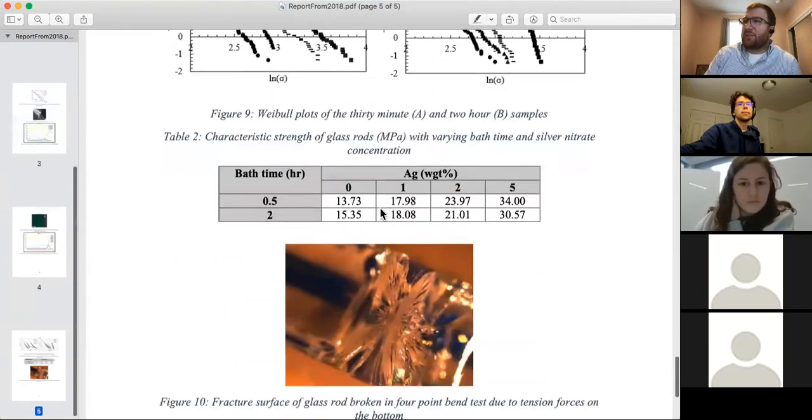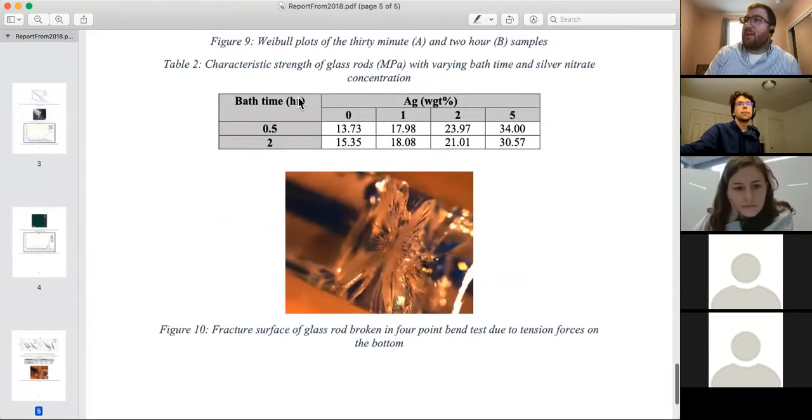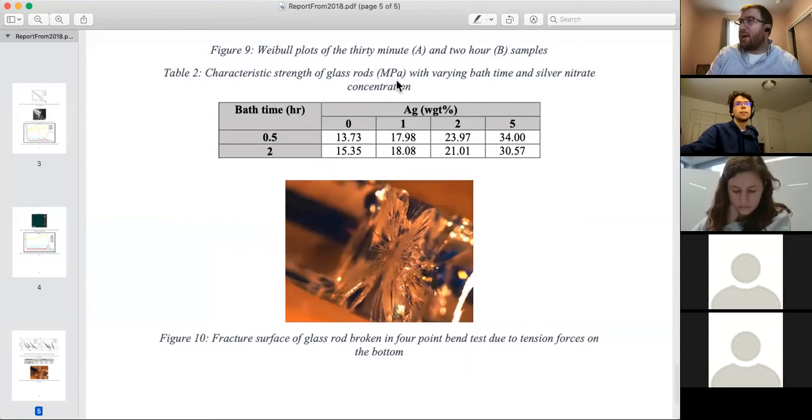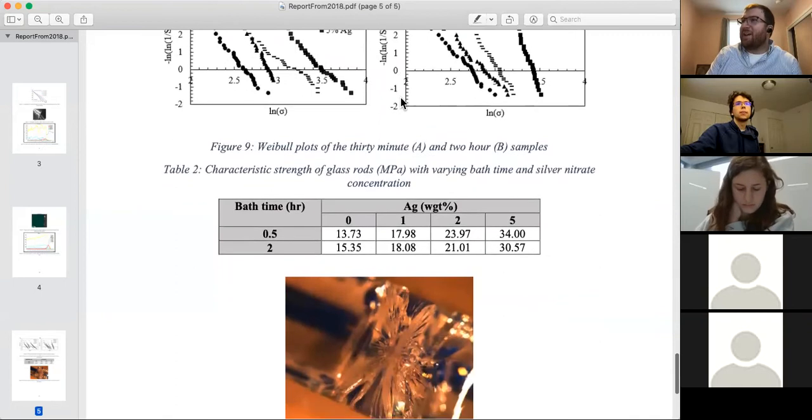Again, mainly let's look at the strength and see what that looks like. So they actually did 2 bath times, what they call bath times. And so that is the strength. These numbers look a little off, but let's just say that relatively speaking, I think they're correct.